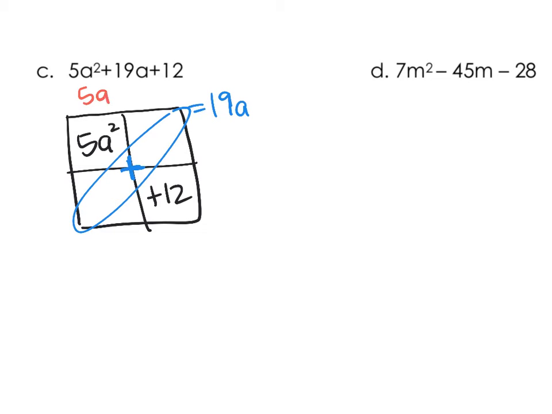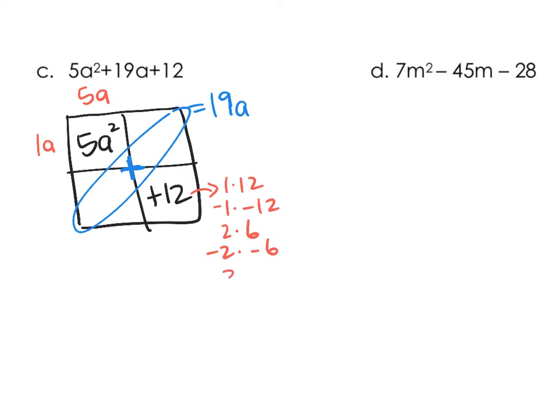Okay, so let's figure out what multiplies to be 5a squared. That would have to be a 5a times a 1a. Okay, then let's see what multiplies to be a positive 12. We could have a 1 times 12 or a negative 1 times negative 12. We could also have a 2 times 6 or a negative 2 times negative 6.